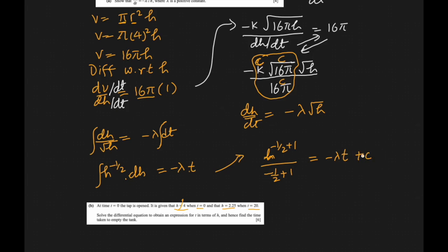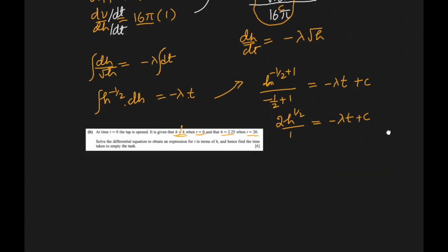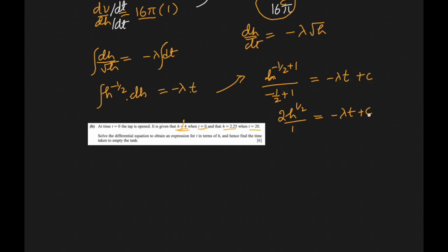Let's write here. Okay. So now we have to substitute the values they have given. When h is 4, time is 0. So what does it become? H to the power positive half over positive half, that means 2 square root h, equal to negative lambda t plus c. Okay, we have to find now these constants, which are lambda and c, when h and t are given.